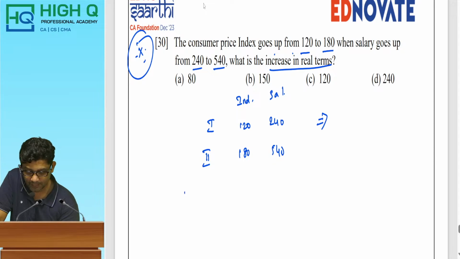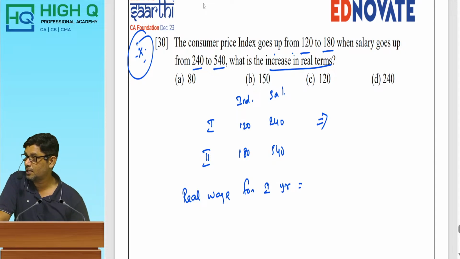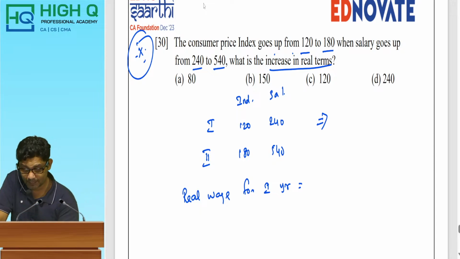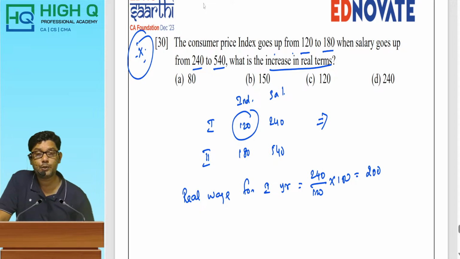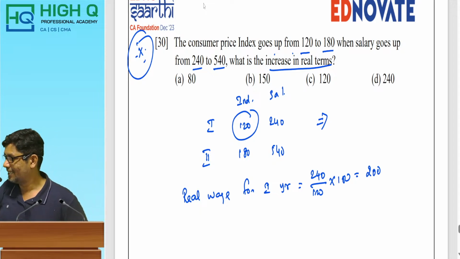First, real wage for first year. What is it, my dear? Though I am getting 240 rupees, the index number is 120, so 240 divided by 120 into 100, which is equal to what? Actually, my real income is 200.